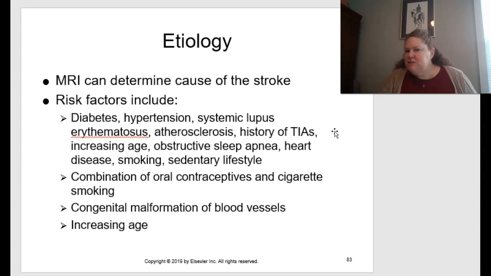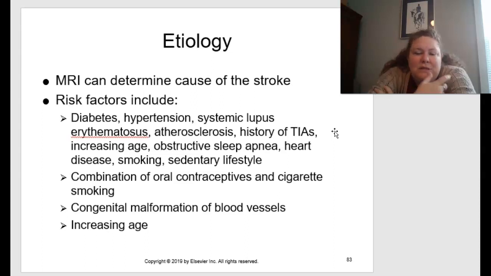So your risk factors, so basically the MRI can determine the cause of the stroke. And your risk factors can include diabetes, high blood pressure, systemic lupus erythematosus, arteriosclerosis, history of transient ischemic attacks, increasing age, obstructive sleep apnea, heart disease, smoking, or being a couch potato.